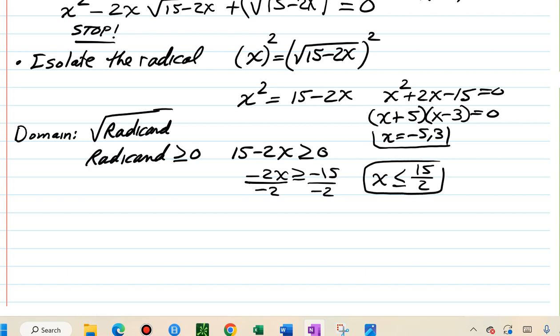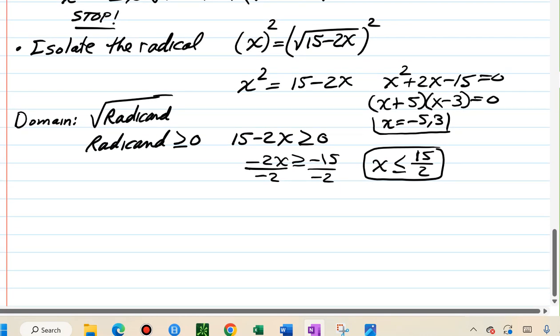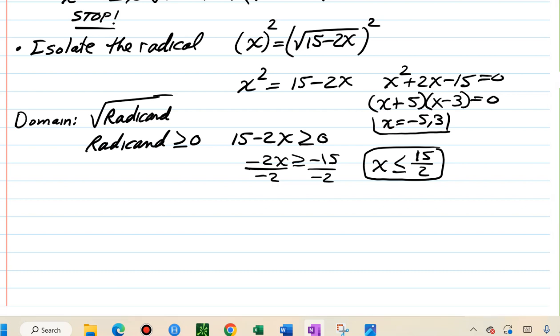And there you go. That's what we call the implied domain of the radical. As long as we have numbers that are less than or equal to 15 halves, this is going to work. Now 15 halves is 7.5, and in this case, 3 and negative 5 are going to work, right?